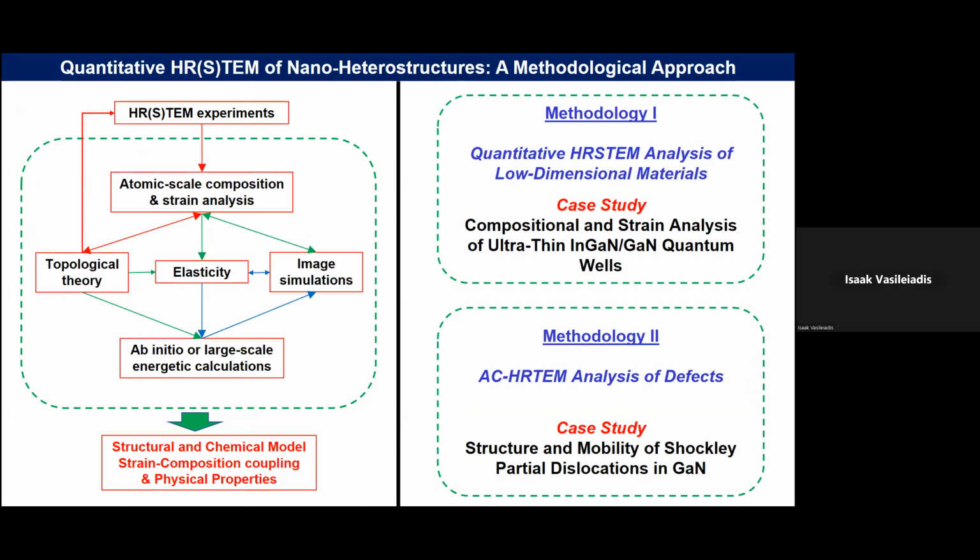Professor Dimitrakopoulos gave us the general methodology we have here to analyze nanostructures, and now I will show you the parts of this methodology we employed to perform compositional and strain analysis of ultra-thin InGaN quantum wells. And the second case study is the structural mobility of Shockley partial dislocation in gallium nitride.